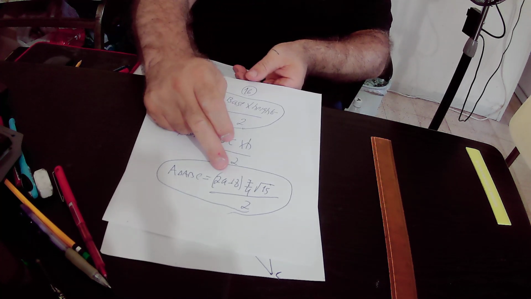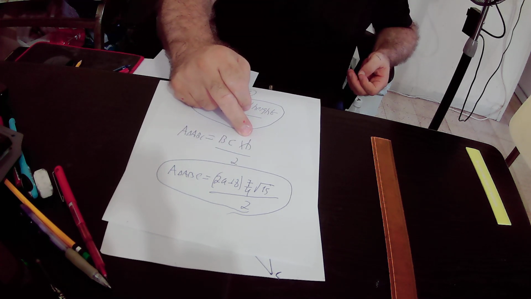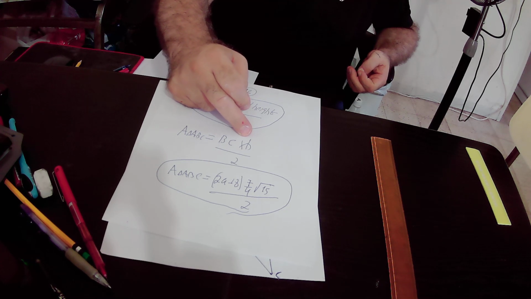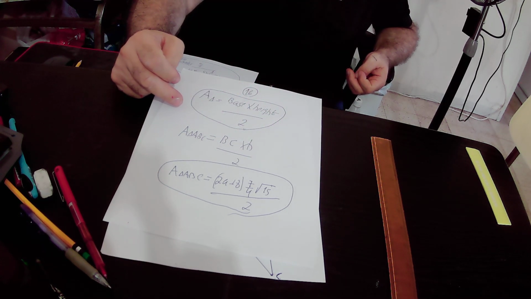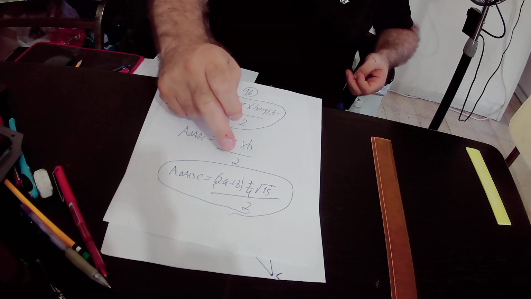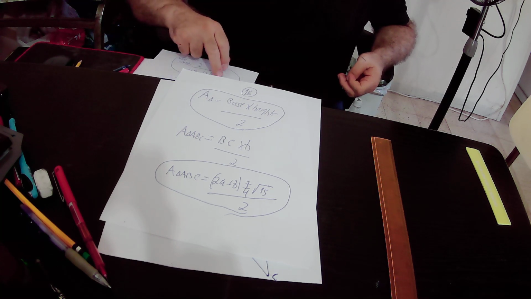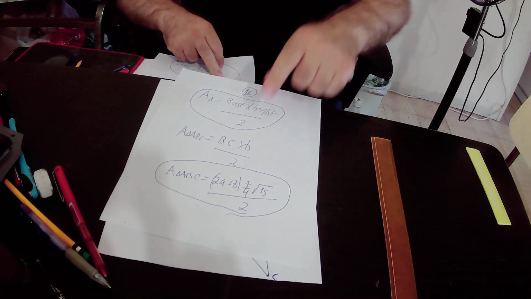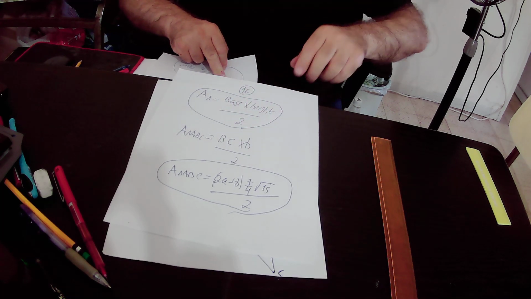BC equals 2a plus 8, and we have already found out that h equals 7 over 4 times root 15 units. And we know that a equals 17 over 4 units. Okay, so if a equals 17 over 4 units, then 2 times a will be equal to 17 over 2 units.